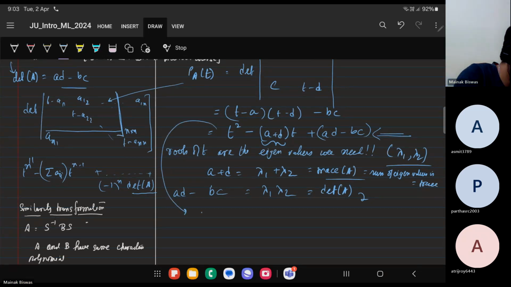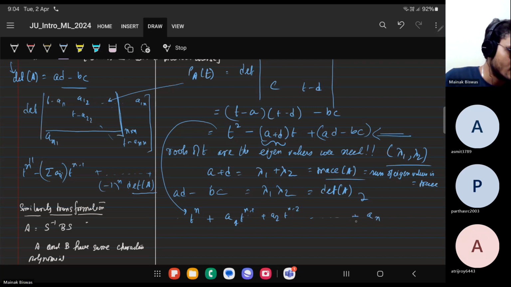Can I say any polynomial p of t is t to the power n plus a1 t to the power n minus 1 plus a2 t to the power n minus 2 up to an?